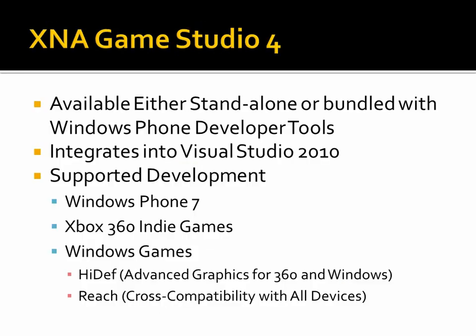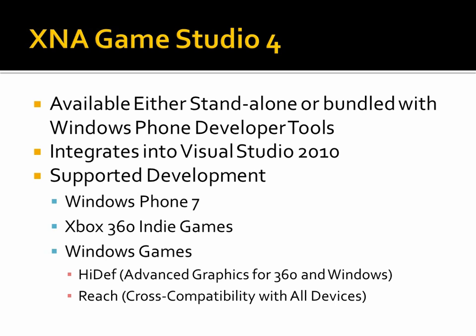License now. Okay. XNA Game Studio 4 is either available as a standalone product or bundled with the Windows Phone developer tools. It integrates into any version of Visual Studio 2010, including the Express Edition of C#, so there's no excuse, you can get the free version. It supports development for Windows Phone 7, for Xbox 360 games, and for Windows games. When you look at a project, you'll be given the option to do either Reach or HiDef.